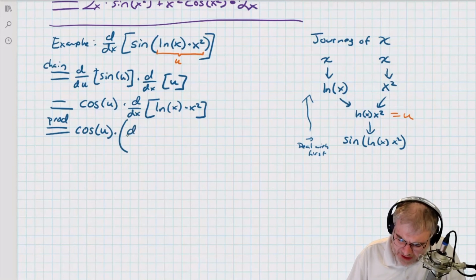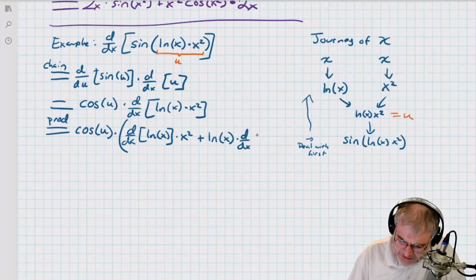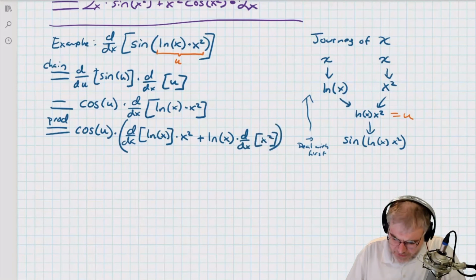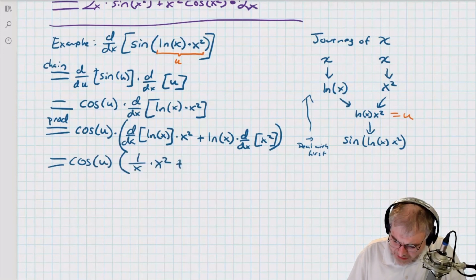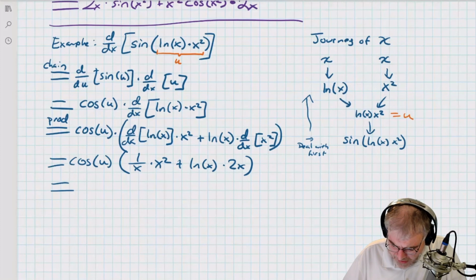Now I've got d over dx, ln of x, times x squared plus ln of x times d over dx of x squared. Carry my baggage. And I'm going to have 1 over x times x squared plus ln of x times 2x. And then simplify if you so desire.